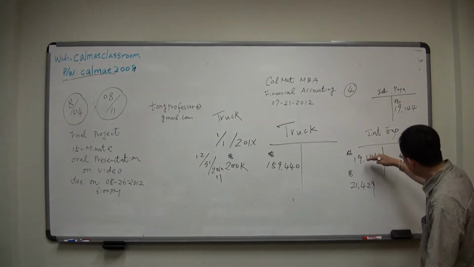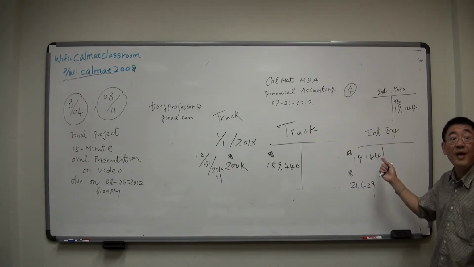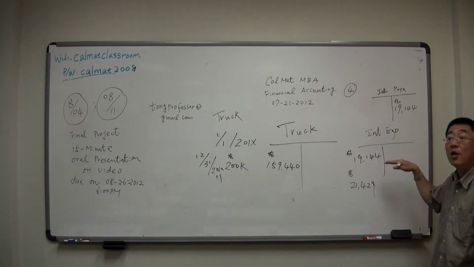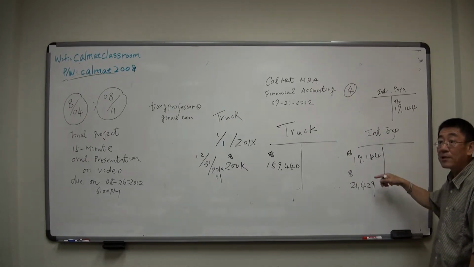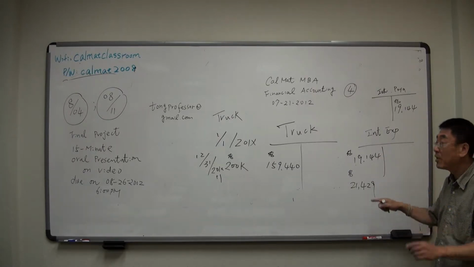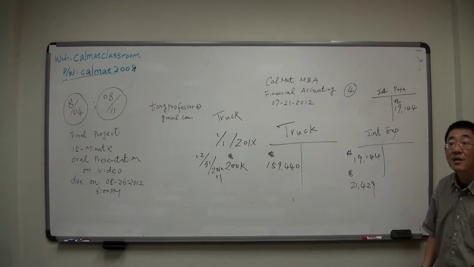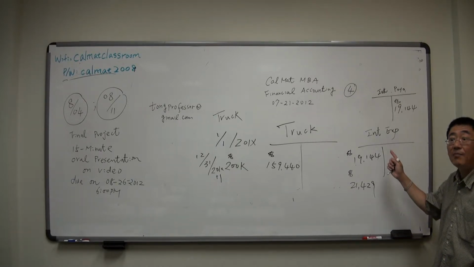Okay. By the way, those two numbers will not come together. Understand? Because every expense account will be closed by the end of the year. So right now on my board, I just put them together, but in real life those two numbers will not meet. Everybody follow me? Each expense account will close out by the end of the year.